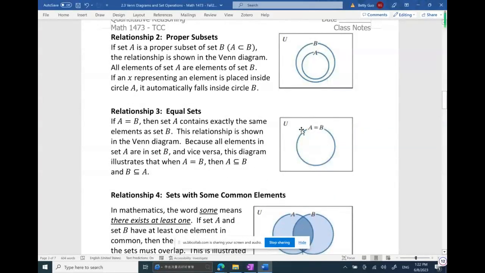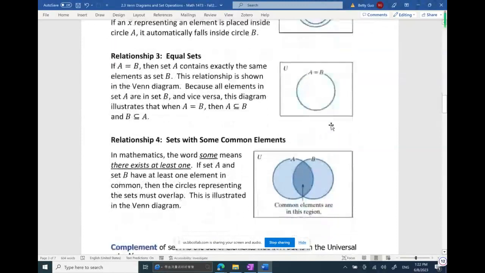And when A and B are equal, we can use the notation A equals B and draw the circle to represent the two sets as a Venn diagram overlapping in the box, in the universal set.